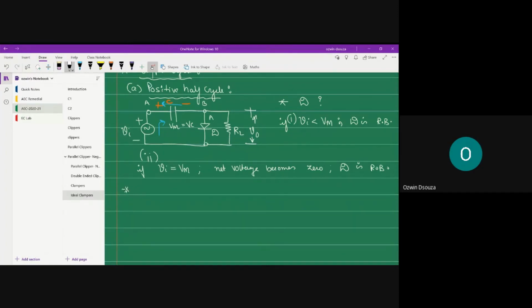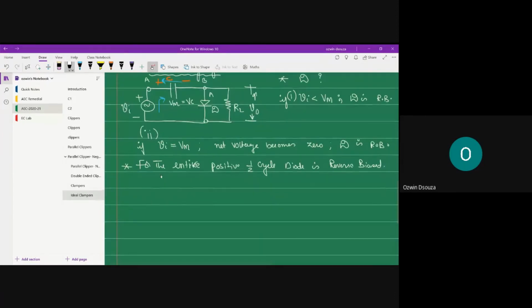So you can write that for the entire positive half cycle, the diode is reverse biased.